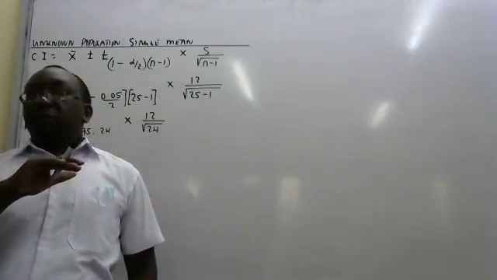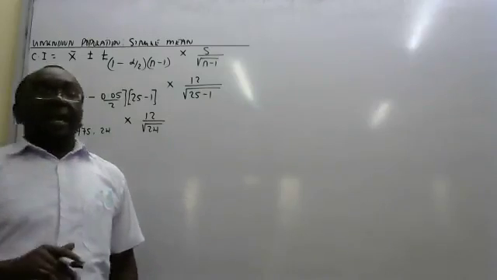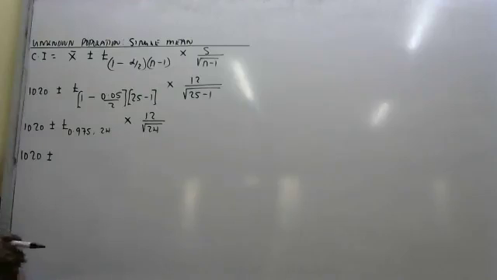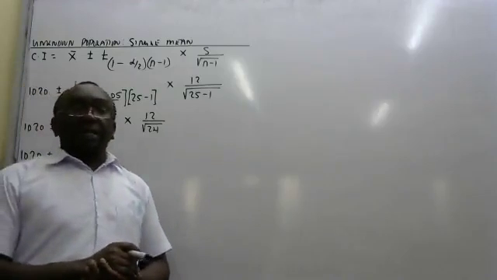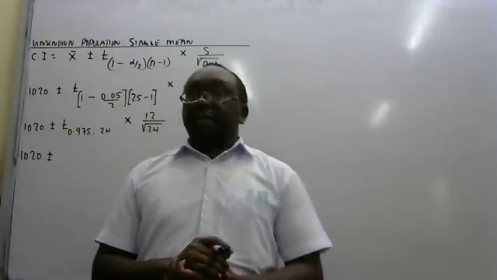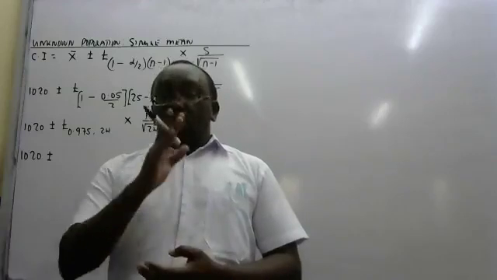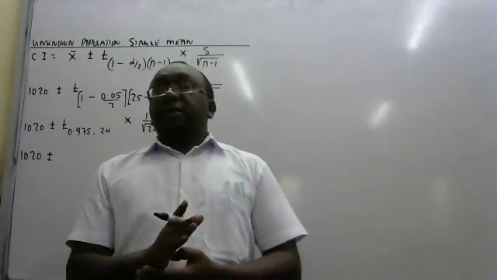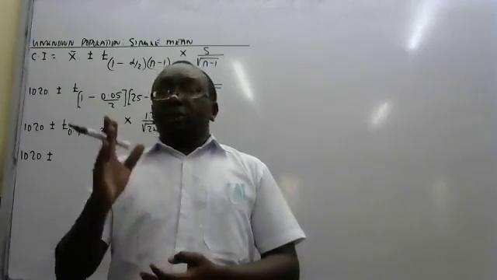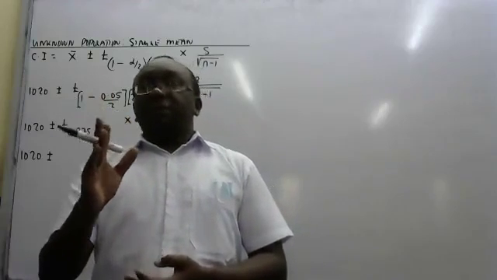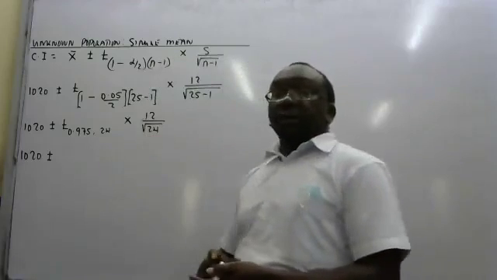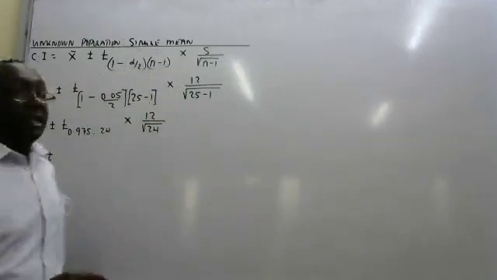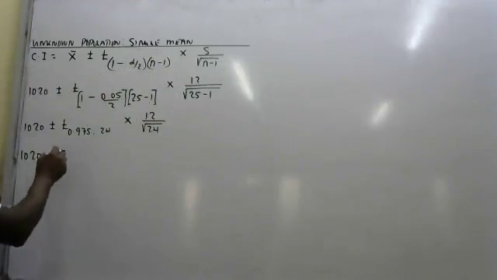Then move towards the left hand side and stop where you can see 95%. So you are testing at 95%. Then you go downwards as you check the titles of the rows. Number 24. Degrees of freedom, there are 24. If you get there, tell me what is at the intersection. 2.9.